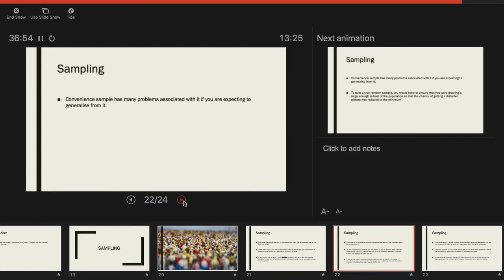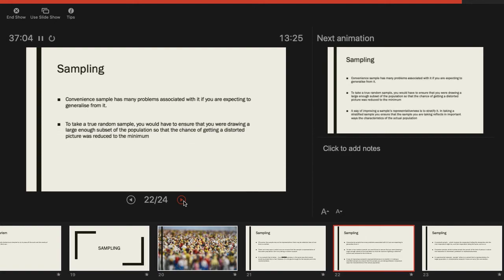Then we're looking at convenience samples. Convenience samples have many problems associated with them if you are expecting to generalize, and as I mentioned, we don't generalize. However, to take a true random sample, you would have to ensure that you were drawing a large enough subset of the population so that the chance of getting a distorted picture was reduced to the minimum.